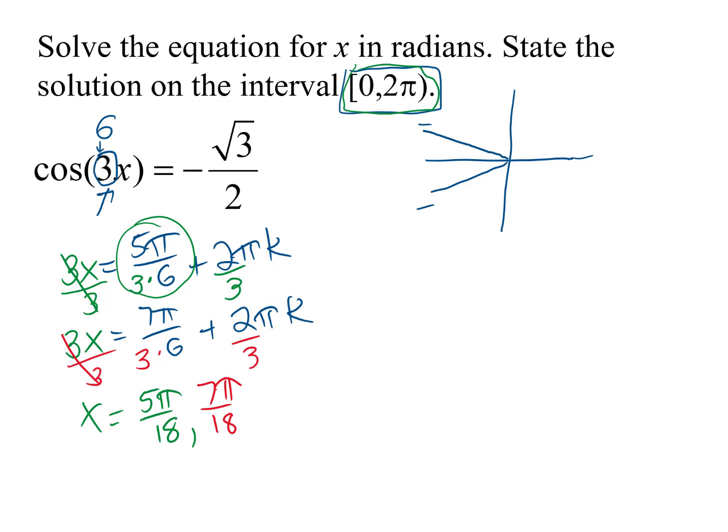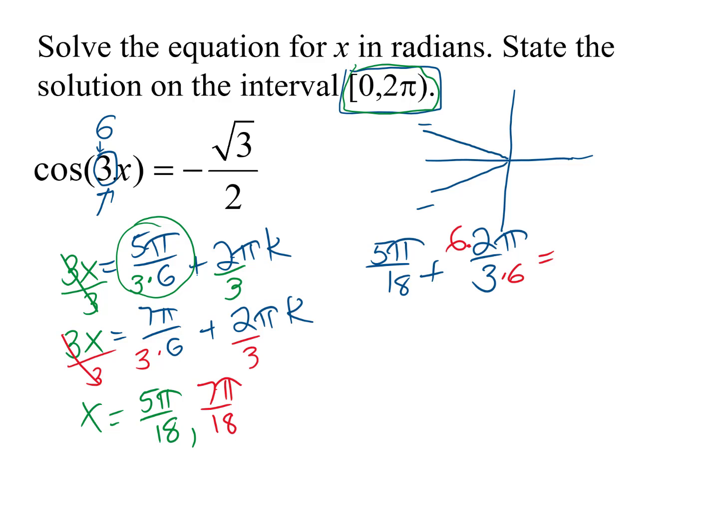So the thing we want to do next is go to this first equation and let the k be 1. And if we did that, we would have 5 pi 18ths plus 2 pi thirds. And we're going to get another angle from that. We need to make it into 18ths so we can add that.